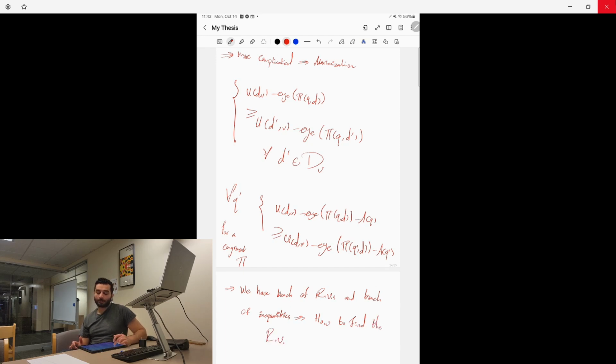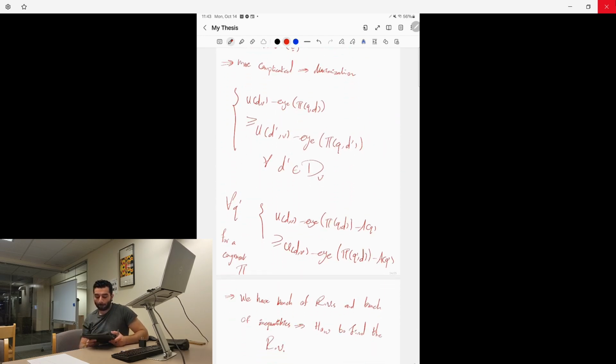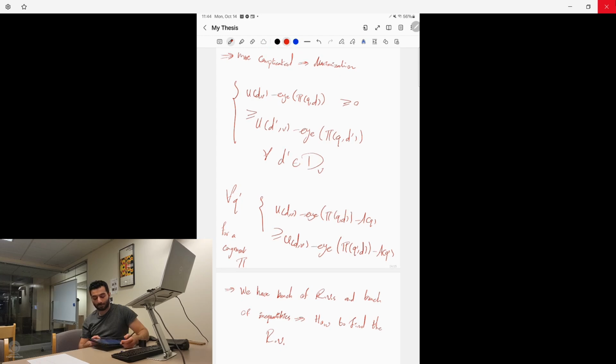What are these random variables? What are their distributions? And it is greater than or equal to 0 as well.